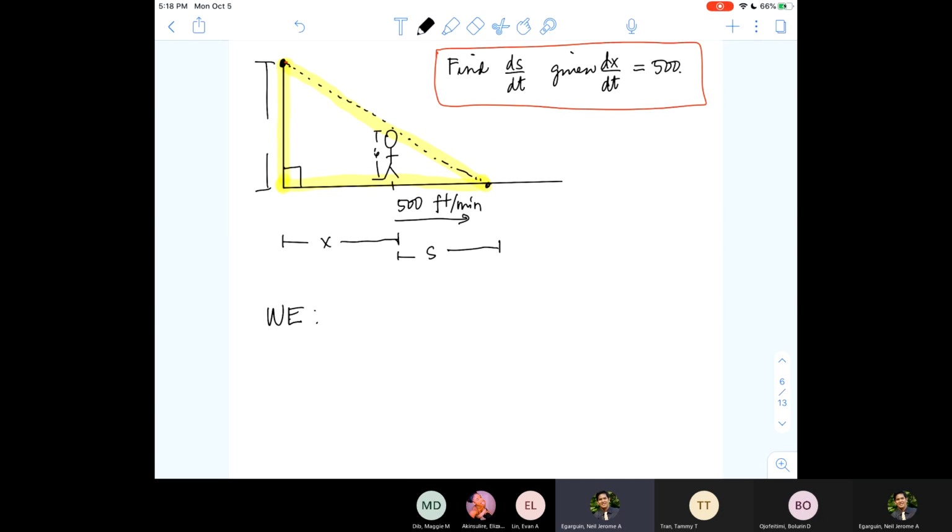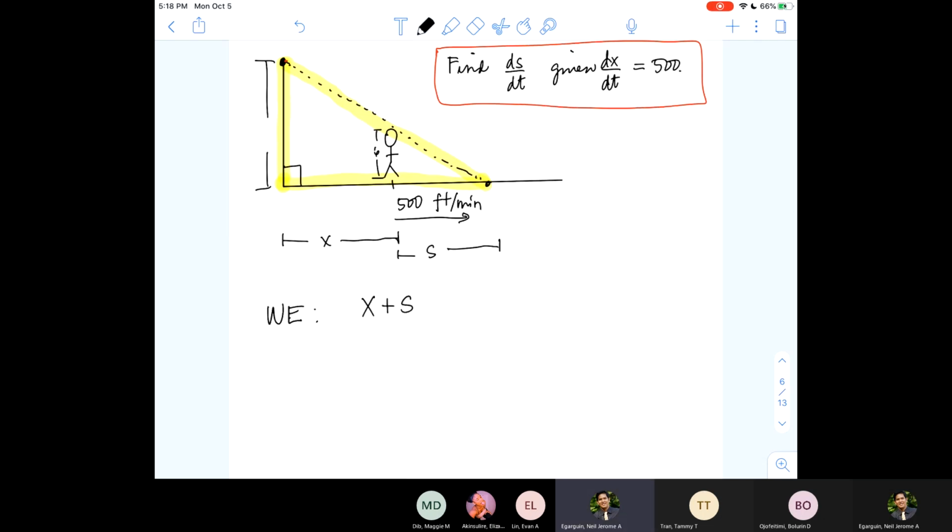So here, if we take the base of the big triangle, what is the base of the big triangle? The base of the big triangle would be x plus s, right? All over the height of the big triangle. What is the height of the big triangle? The height of the big triangle is actually the length of the lamppost.